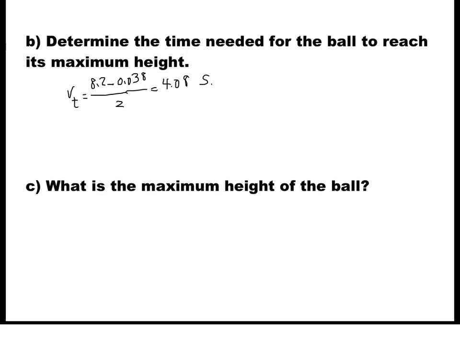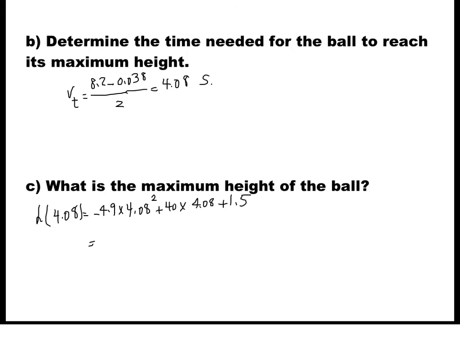And what is the maximum height of the ball? We are going to find the value of the function at 4.08. So h of 4.08 is negative 4.9 times 4.08 squared plus 40 times 4.08 plus 1.5.